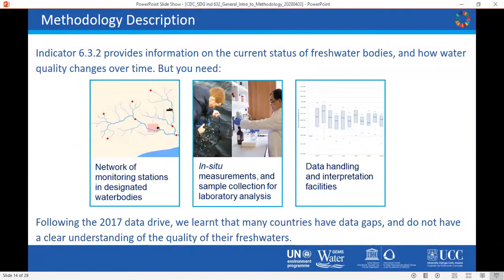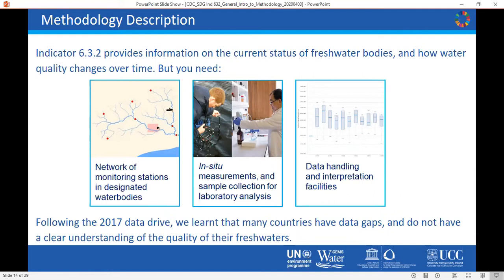And to generate these data, and for the indicator to be able to provide this information on the current status of freshwater quality, but also how this quality changes over time, the trends in water quality, you need three critical components. You need the network of monitoring stations. You need to be able to collect measurements in situ or be able to collect samples and take them back to a laboratory.